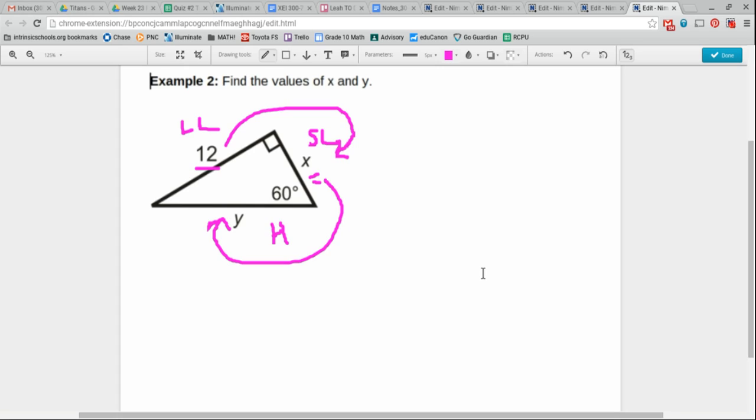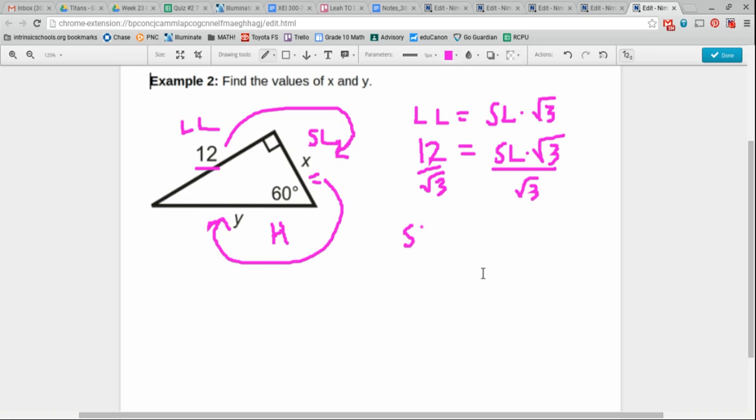So if I want to write this out again as an equation here, long leg is always equal to the short leg times rad 3. So if I fill in my information here, I have 12 is equal to short leg times rad 3. So we want to solve for the short leg, which means we have to divide both sides by rad 3.